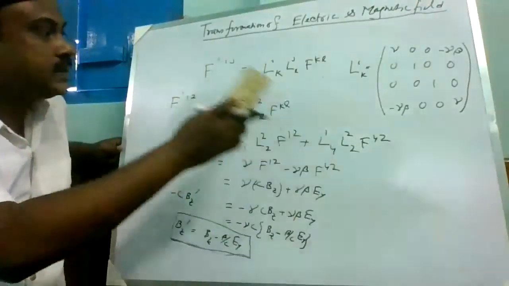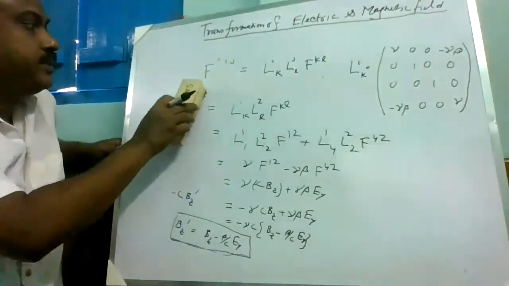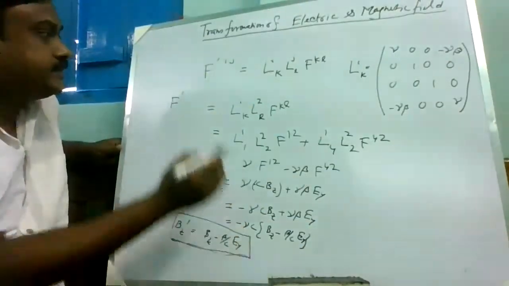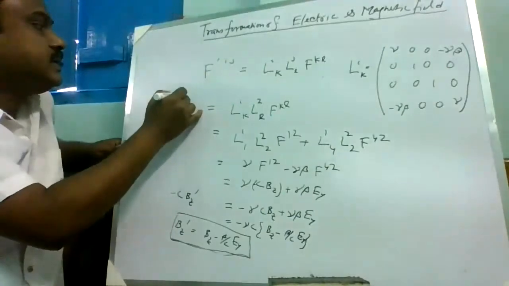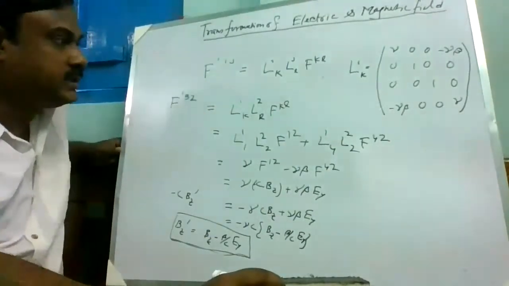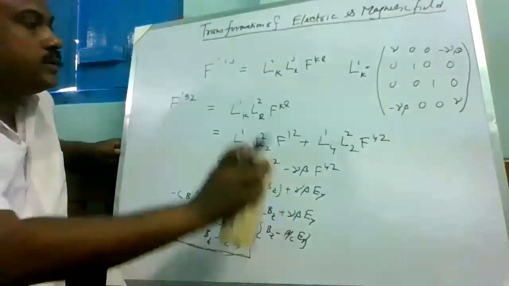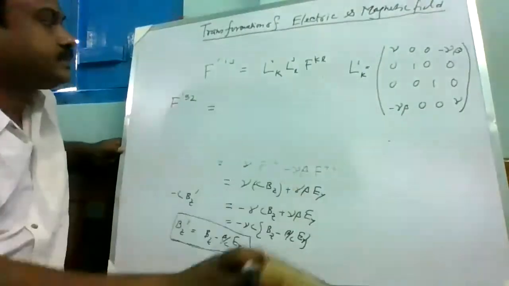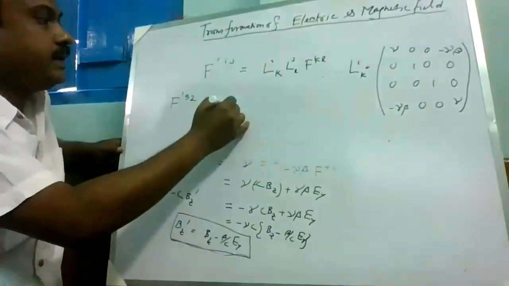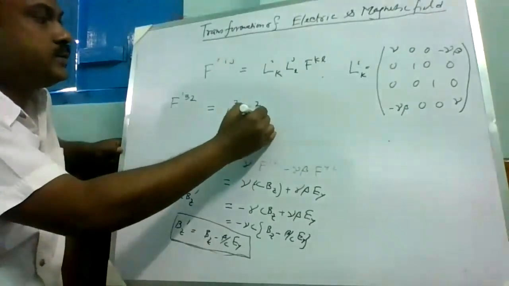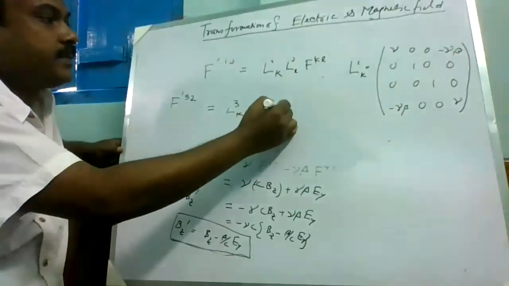For example, I am taking another example. Suppose I am now taking F dash 32. So this will be L 3k L 2l F kl.